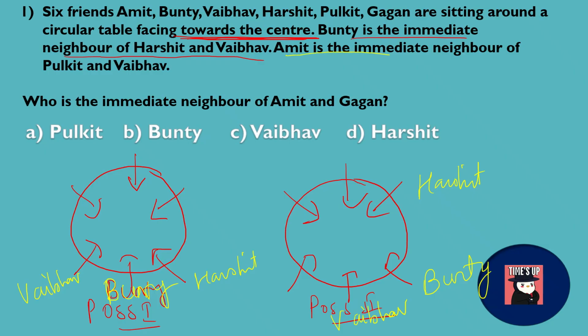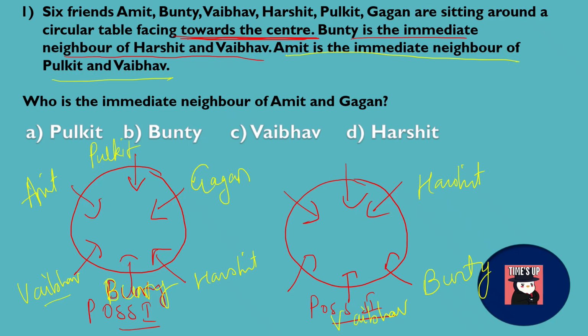Amit is the immediate neighbor of Pulkit and Vaibhav. I'll place Amit here. Amit is the immediate neighbor of Vaibhav and Pulkit. So one is left, six friends. Amit, Bunty, okay, Bunty is also there. Gagan.